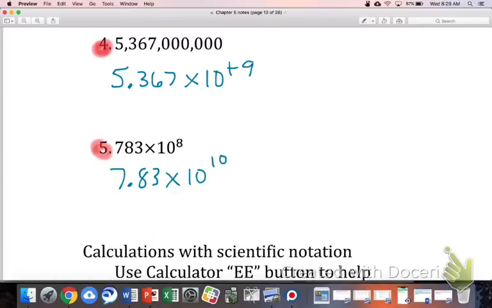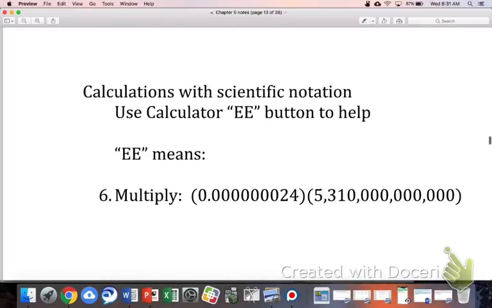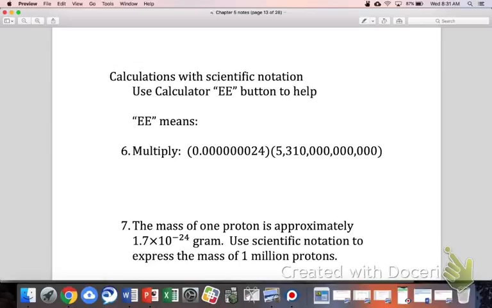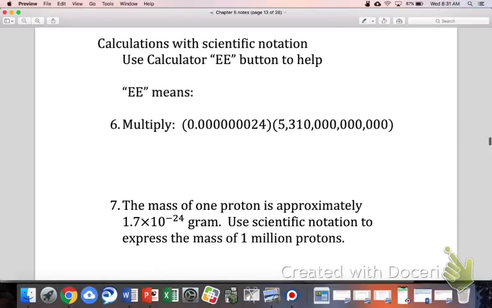Okay, last thing I want to show you guys is how to deal with this on the calculator. There's some cool stuff on your calculator you may or may not know about. So if you could get your calculators out, we'll at least do one of these. Maybe we'll do both. We'll see how much time we have on your calculators. Let's see here.